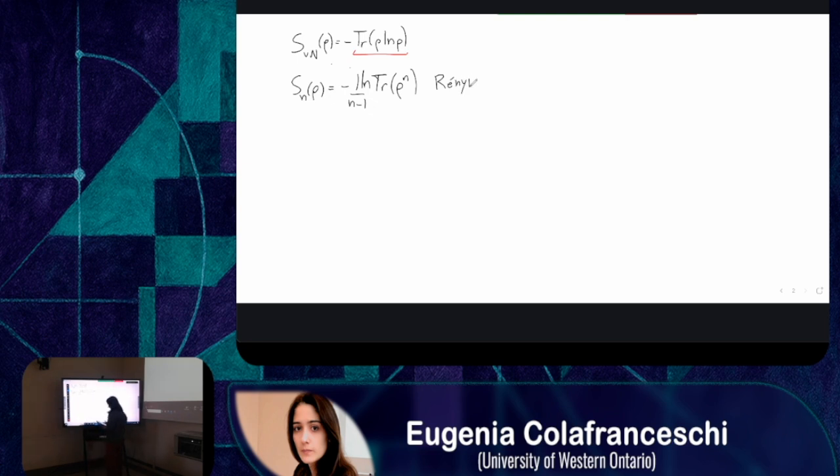And the replica trick consists in the fact that you can define the von Neumann entropy for your density matrix as the limit for the number n that goes to 1 of this n Renyi entropy.